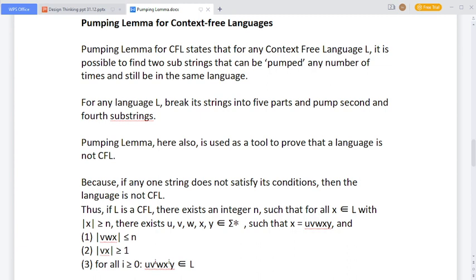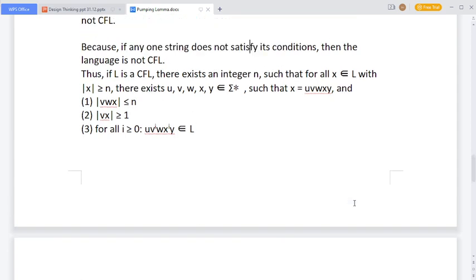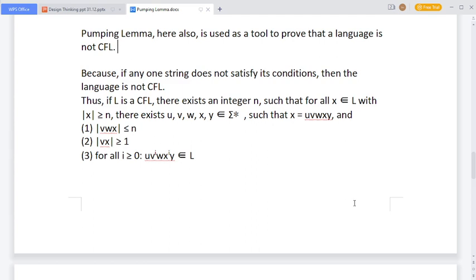It is used to prove that the language is not regular, and that the language is not context-free. Because if any one string does not satisfy this condition, then it is not context-free.